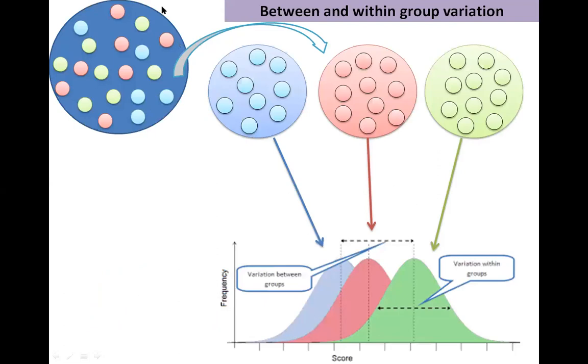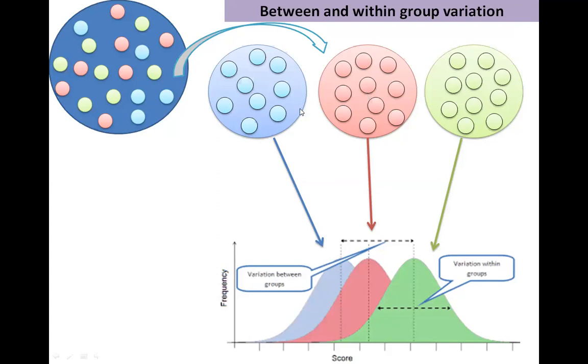In this context, we will see one example. For example, this dark blue circle is a population, the population of cattle in a whole district. Suppose these cattle belong to three different breeds or three different strains, and we segregate them into different samples.